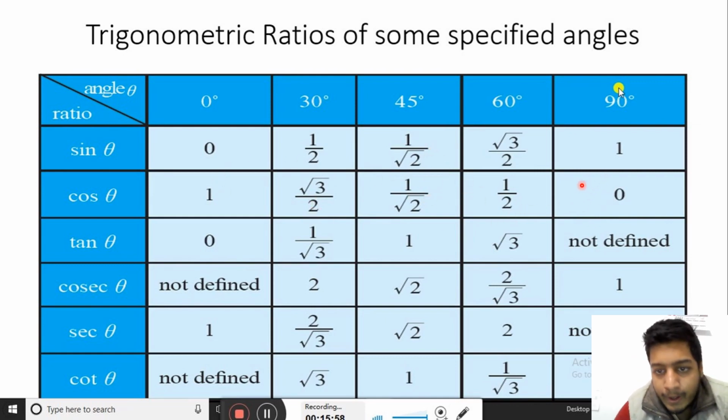So you just need to flip the values of sine theta to get cos theta. For tan theta you divide sine theta by cos theta. For cosec theta you just reciprocate the values of sine theta. For sec theta, you reciprocate the values of cos theta. And for cot theta, you reciprocate the values of tan theta. So if you learn the values of sine theta, you will be able to make the whole table on your own. This is a very important table.